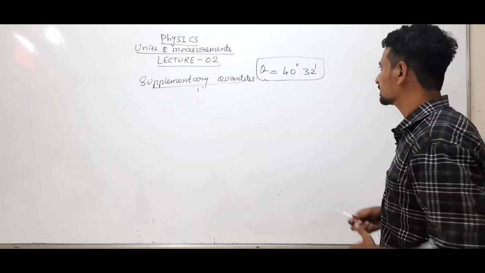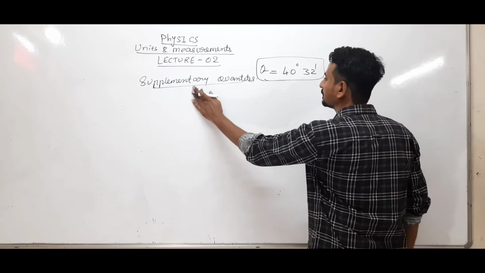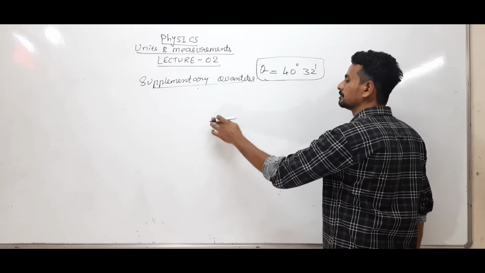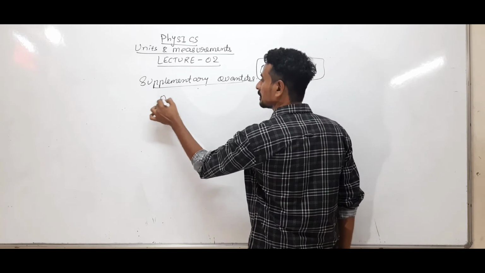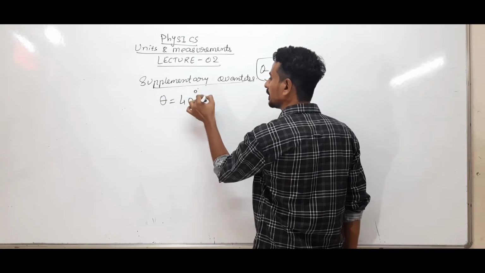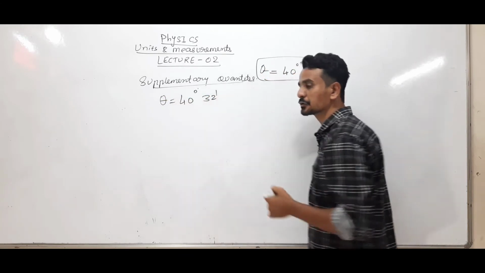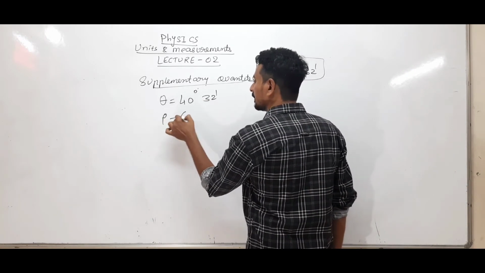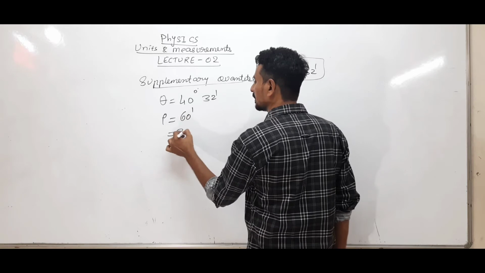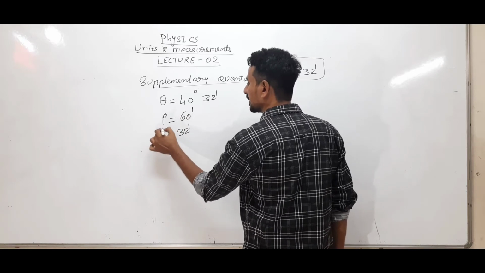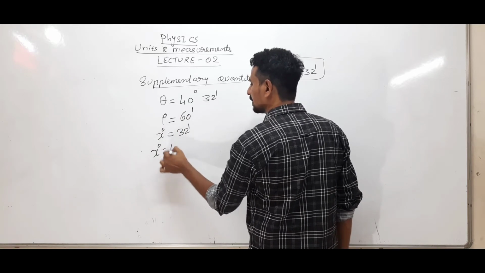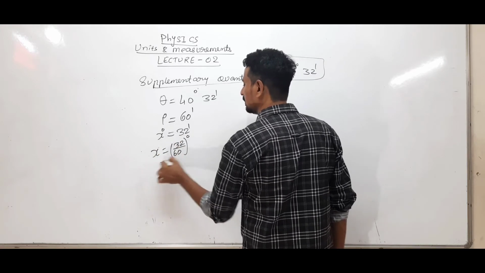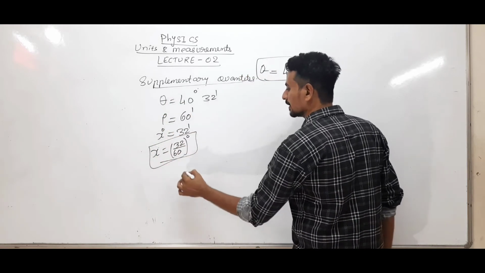Okay, now let us solve this. Theta is given as 40 degree 32 minutes. We need to convert this into radian. So 1 degree is 60 minutes, 32 minutes means dash degree. This will be 32 by 60 degree. Clear? Substitute over here.